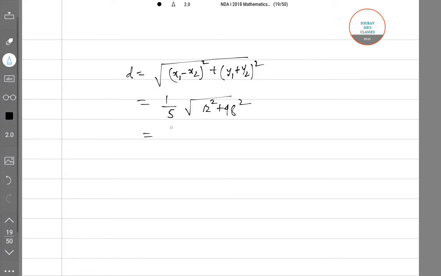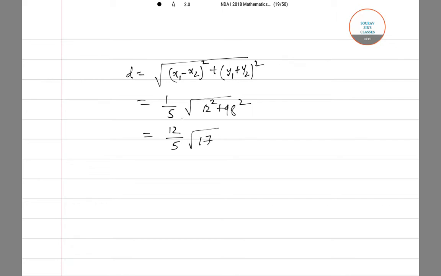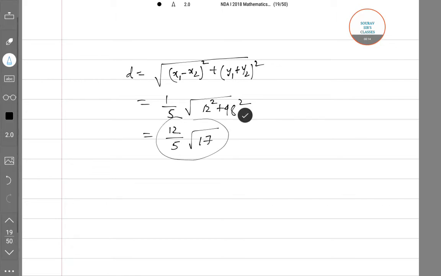The formula is d equals root over (x1 minus x2) whole square plus (y1 minus y2) whole square. If you simply put the value here, you will get 1 by 5 root over 12 square plus 48 square, which will be equal to 12 by 5 into root 17. So we have found the value to be 12 by 5 root 17.